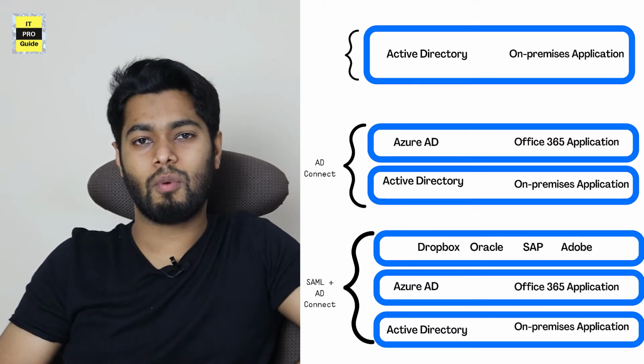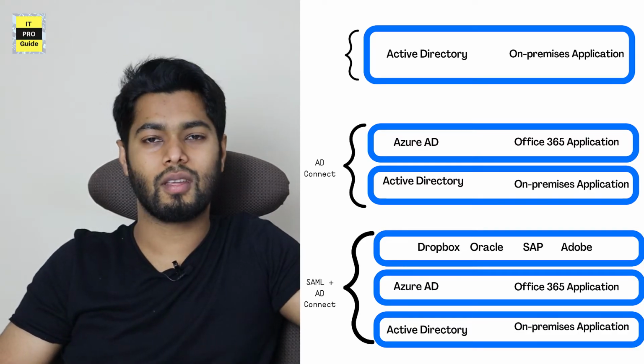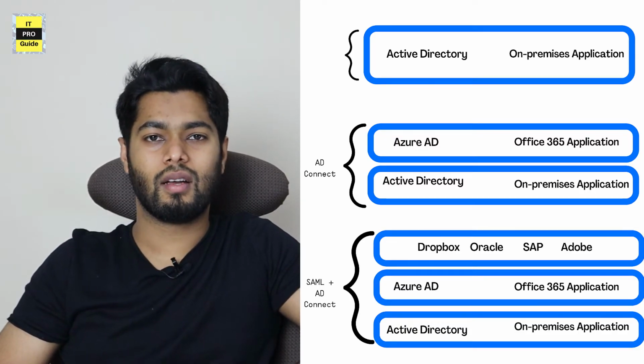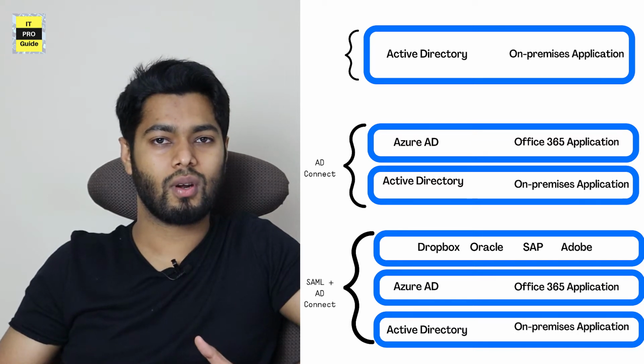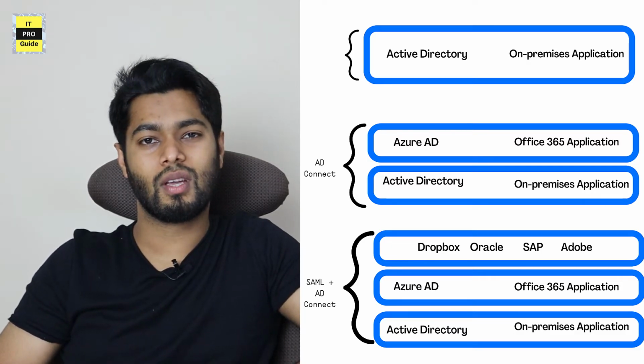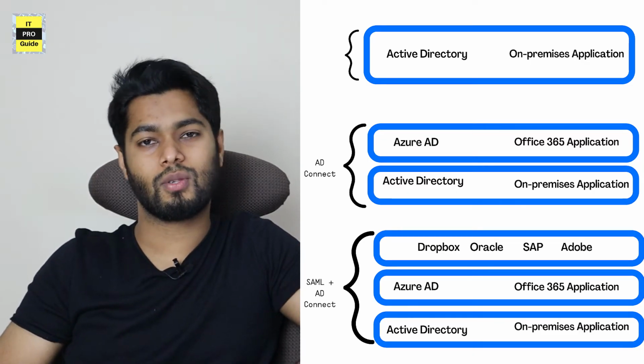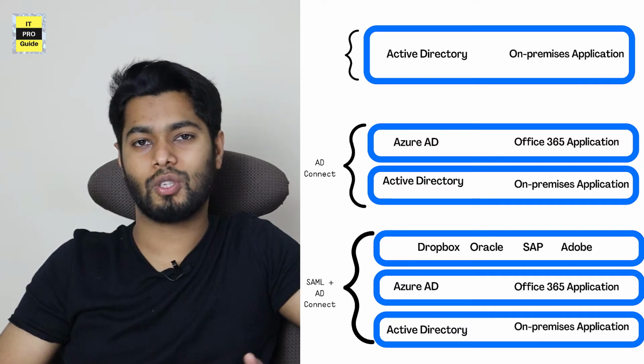Now the moment you have a third-party application like DropBox or Adobe Creative or SAP or Oracle, they are different products. You don't have a Microsoft-owned solution to do that. So you have to use a standard authentication method for this. There comes the importance of SAML. We can use the SAML authentication protocol to authorize your third-party application from Azure AD.